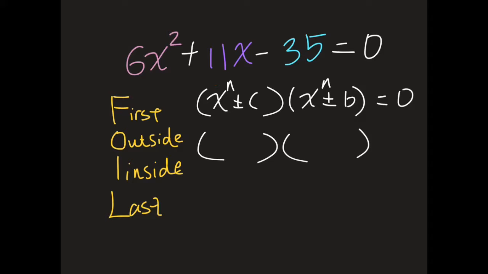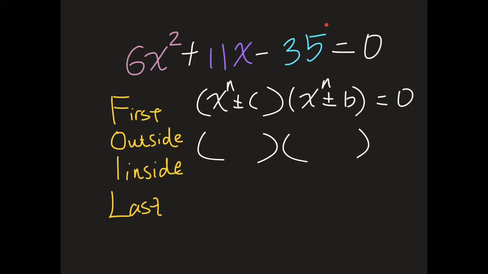In the factored form, the O contains x, so there are at least two x's multiplied by each other, and that is x squared. Because this is the only place that contains x squared, this is going to be the first part.